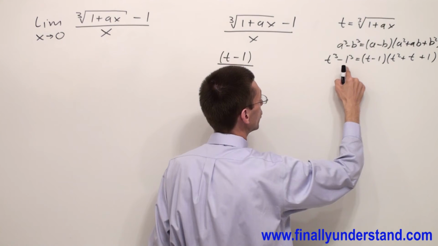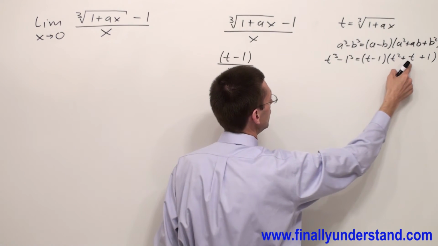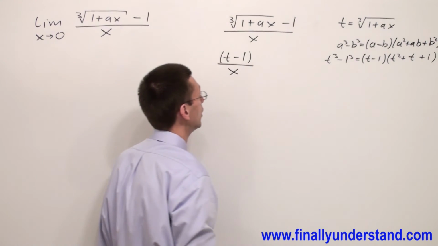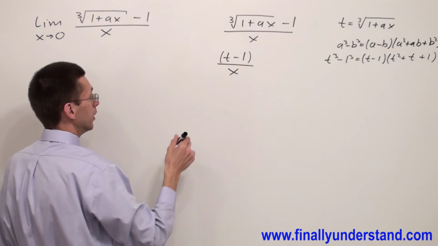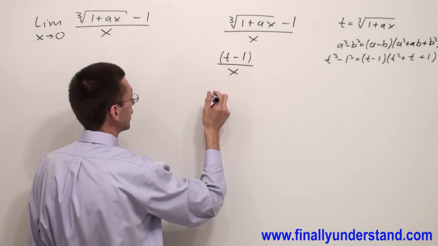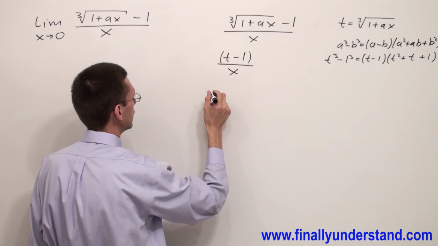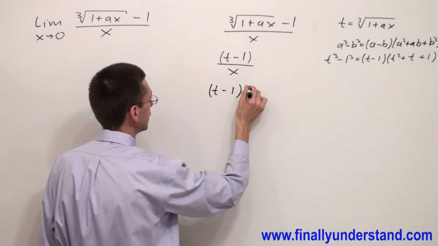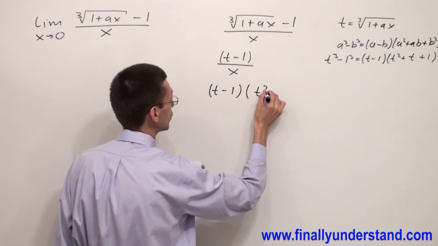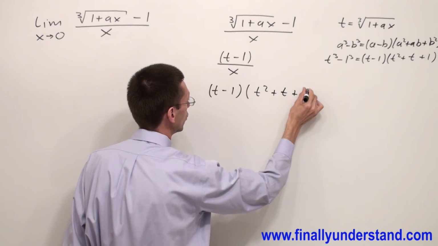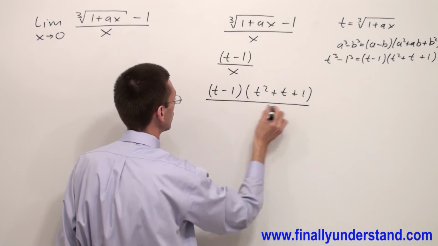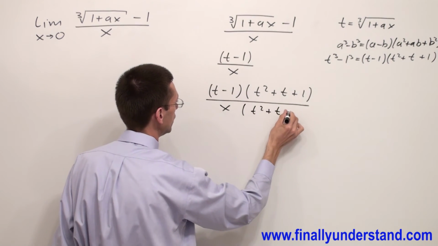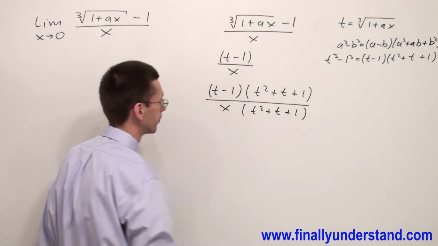Because my b is 1, so t times 1 is t, and 1 raised to the second power is equal to 1. So I'm going to rewrite this function as t minus 1 times t squared plus t plus 1 over x, and I have t squared plus t plus 1.